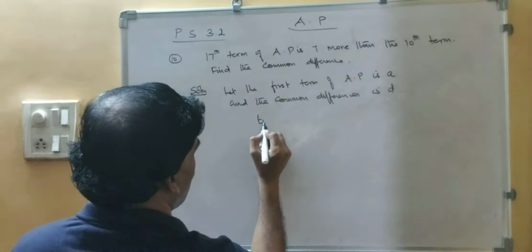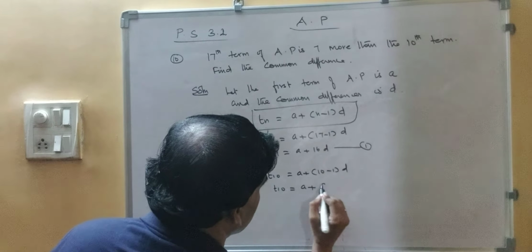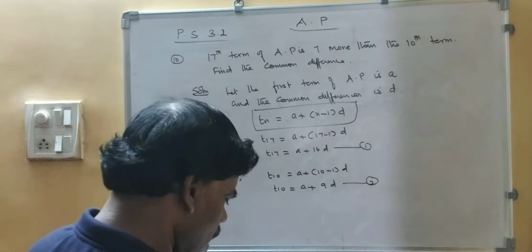This is equation number 1. Now put n equal to 10 for the 10th term. So T10 equal to A plus 10 minus 1 into D. So T10 equal to A plus 9D. This is equation number 2.